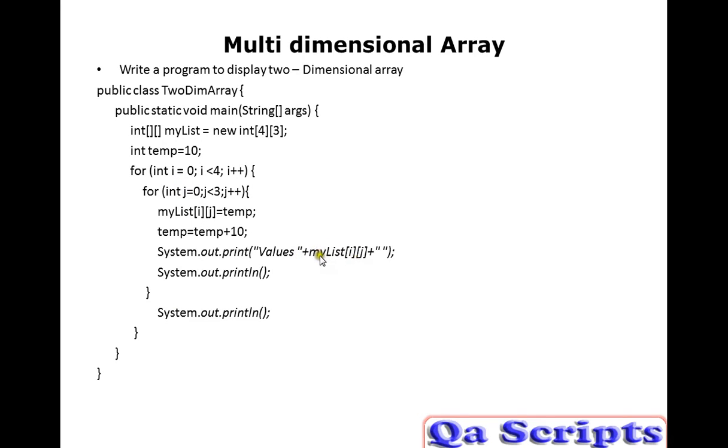Now this is my list[0][1], but the value of temp will be 10 plus 10, that is 20. So 20 will sit at the first row, second column. Like that it will go on increasing the i as well as j value, and it will create a table and assign those values.